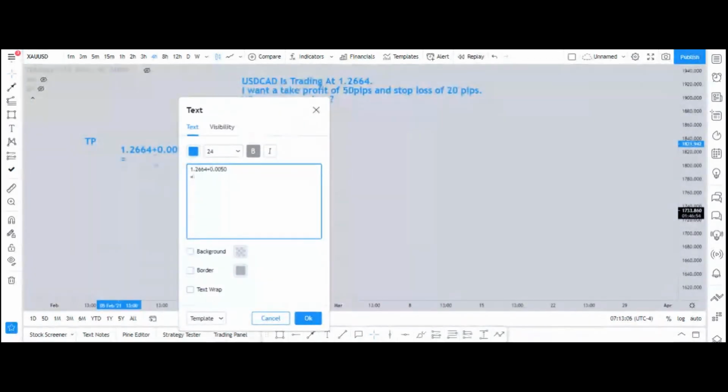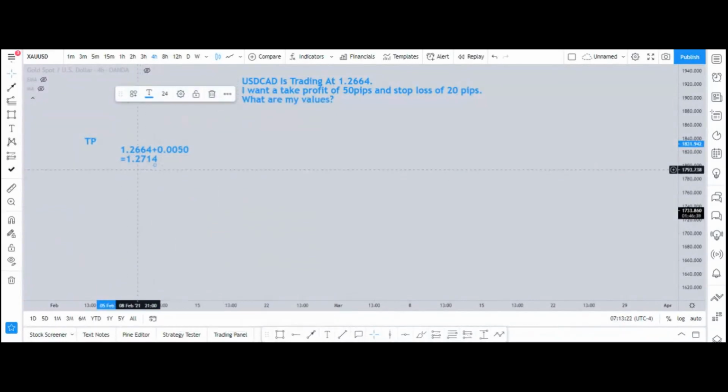This will be equal to what? Because 4 plus 0 is 4. 6 plus 5 is 11. I can't write 11, so I take 1. 1 plus 6 is 7. 2 plus 0 is 2. Then 1 plus 0 is 1. That will be my take profit value: 1.2714.